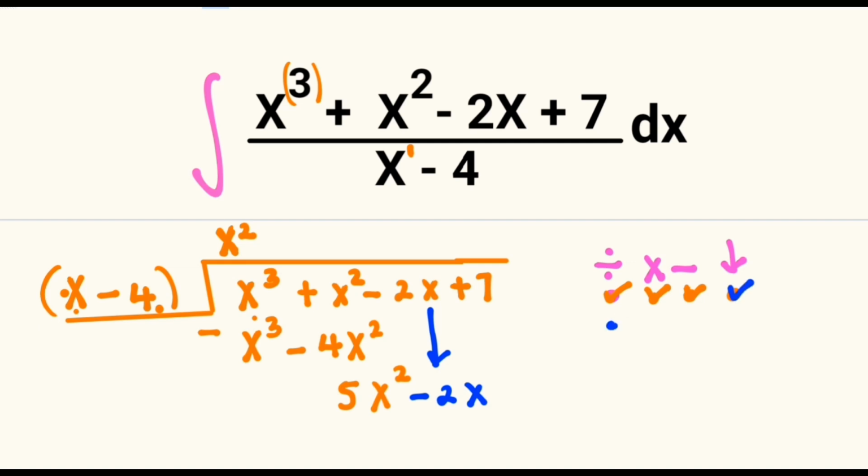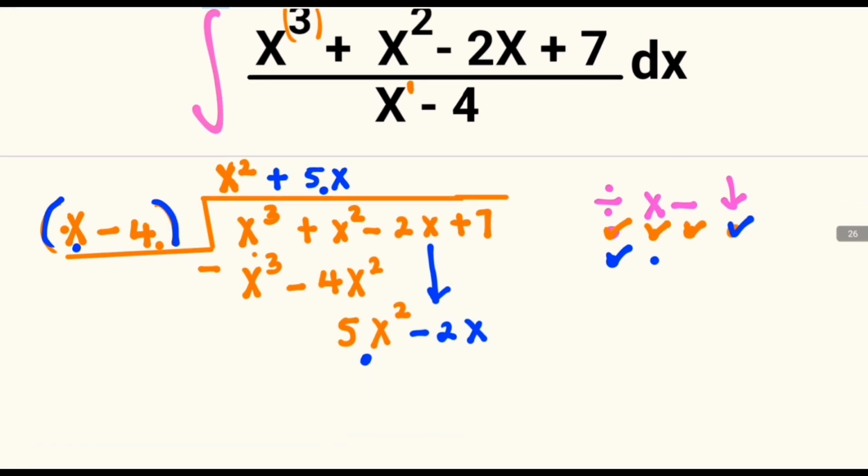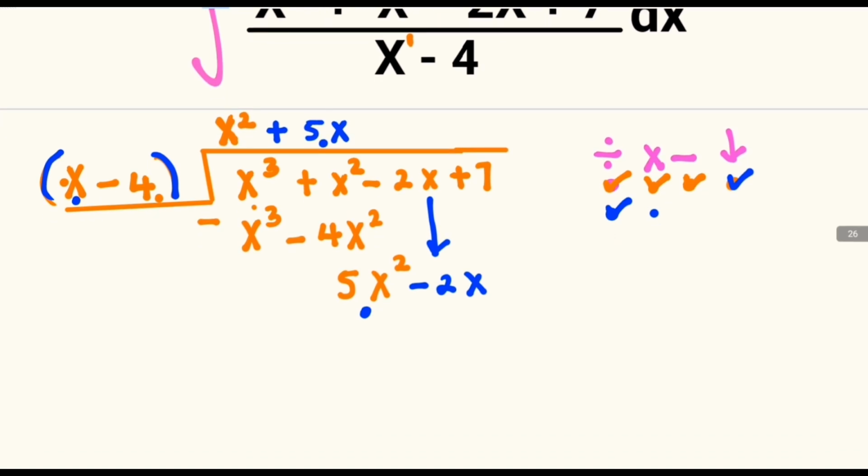We start with the circle. We start with the division. 5x squared divided by that x will be equal to positive 5x. We divided, now we multiply. So this positive 5x multiplied by the x minus 4. 5x multiplied by that x will be equal to positive 5x squared.